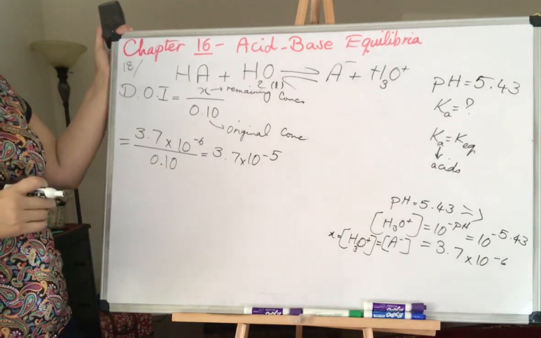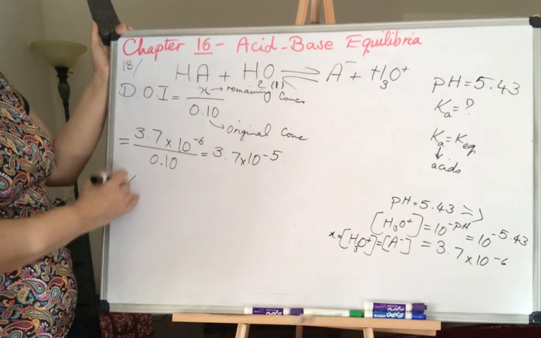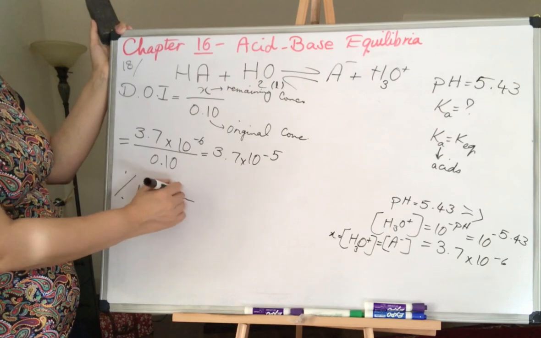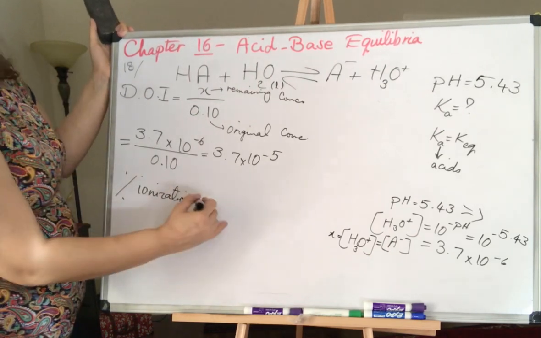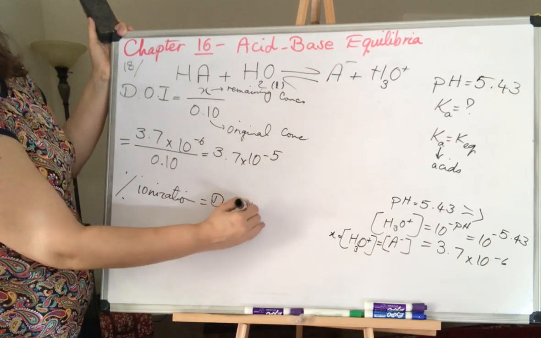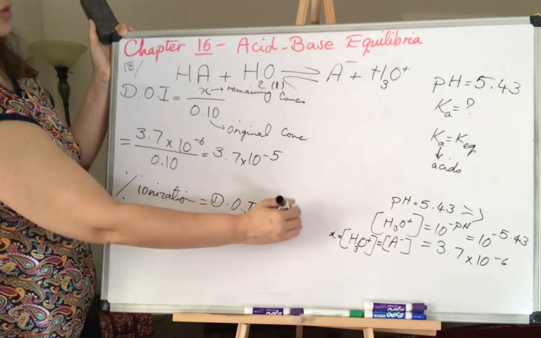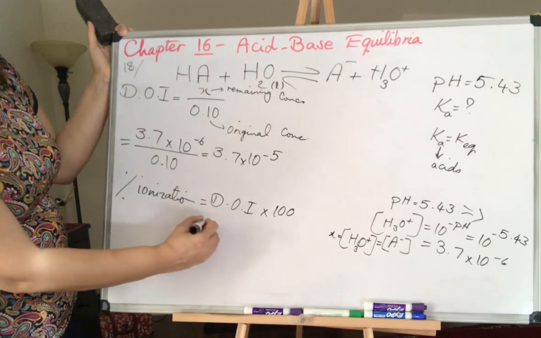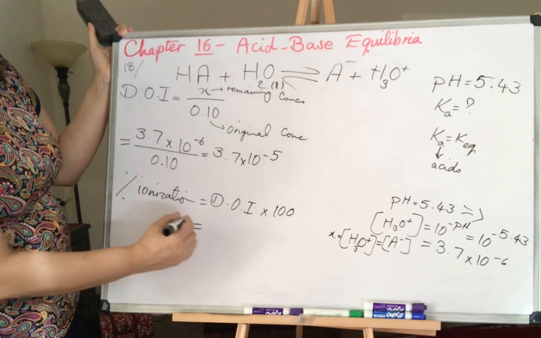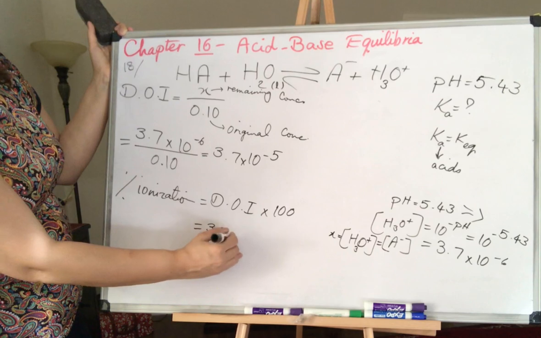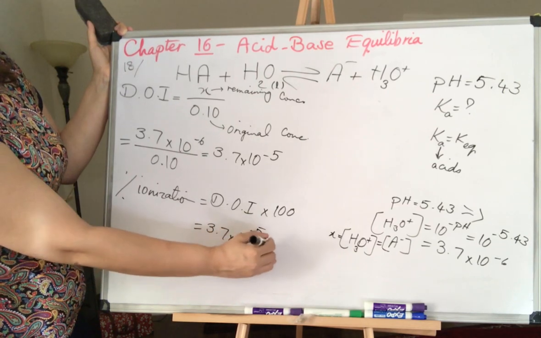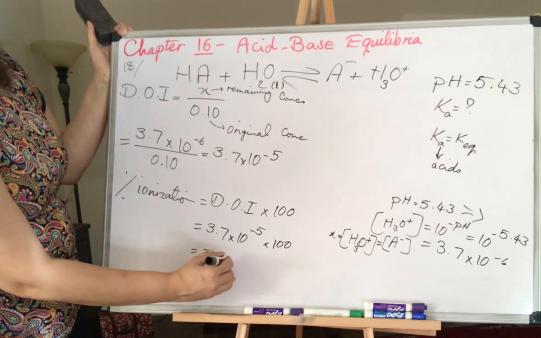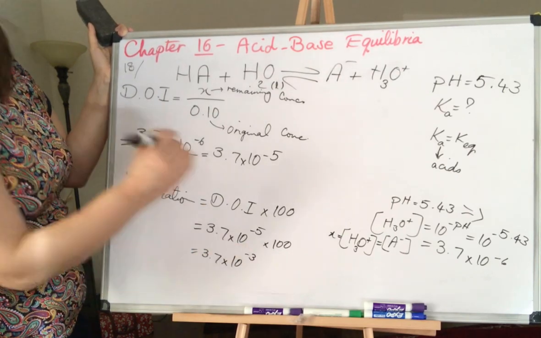And if you need the percent ionization, it is degree of ionization times 100. So we want to find out what percentage has been ionized. In this case, times 100, which is 3.7 times 10 to negative 3.